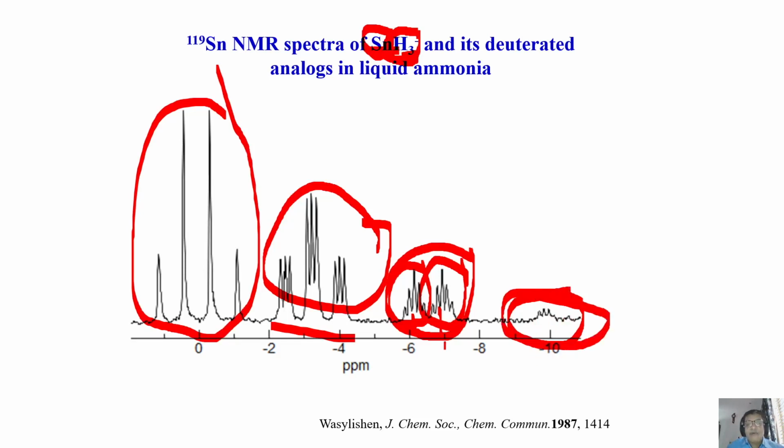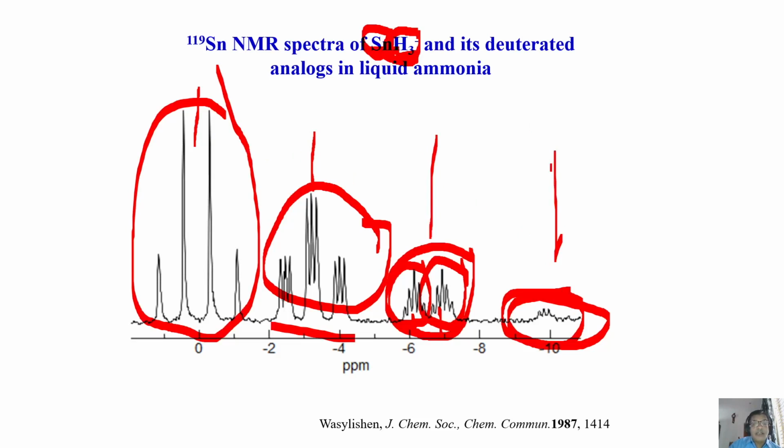But what I wanted to tell you is, look at the isotopic effect. Just by changing one of the hydrogens to deuterium, you can see drastically the effect on the spectrum. And also how much the peaks have shifted by one deuterium, two deuterium, three deuterium. You can in fact find out the chemical shift difference between here to here, and this center to this center.